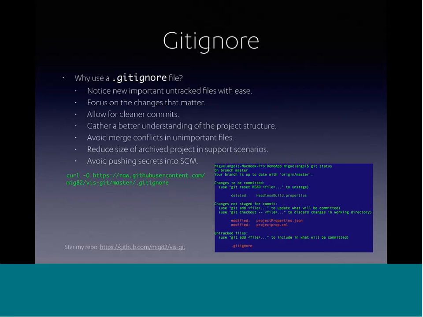Every versioning tool out there has, not just Git, like SVN or Mercurial, they have equivalents of mechanisms to ignore some files. And the reason is, if you don't do that, then all of your compiled files, everything that's automatically generated, all of that stuff is going to clutter your project.